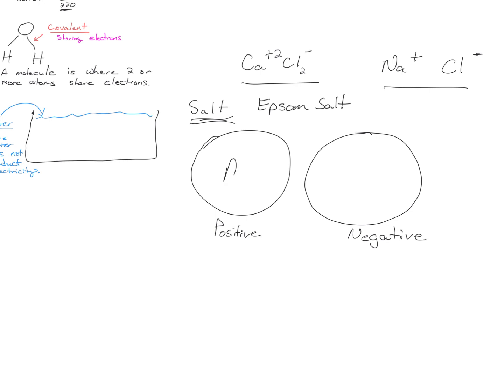It is an atom of magnesium, Mg, which has a +2 charge, has two positive charges, and another group of atoms, a molecule actually, of sulfate, which has a -2 charge. So half of this salt, the negative side, has more than one atom sharing electrons, but it has an extra 2 electrons. And the other half of this salt is just a single atom of magnesium.